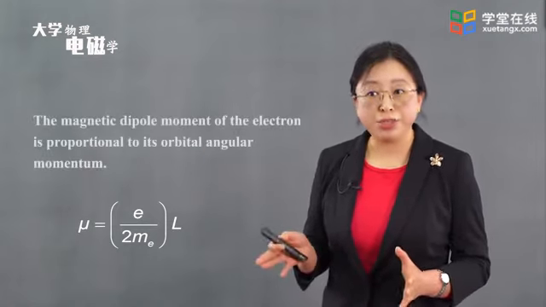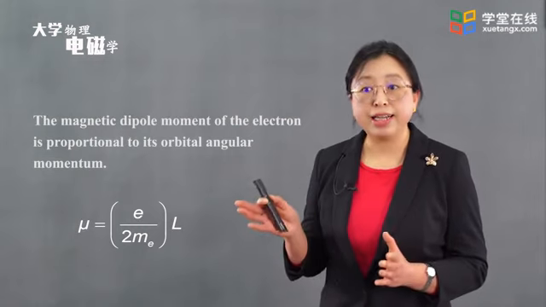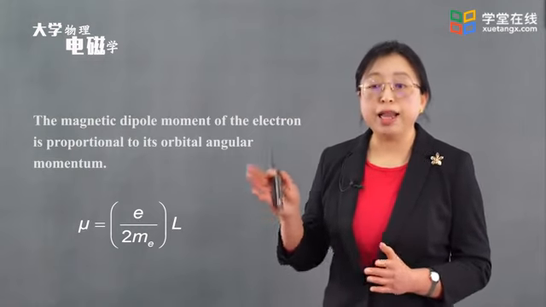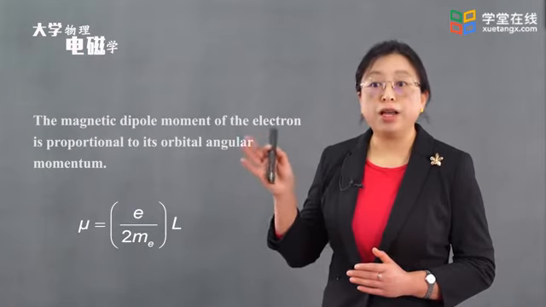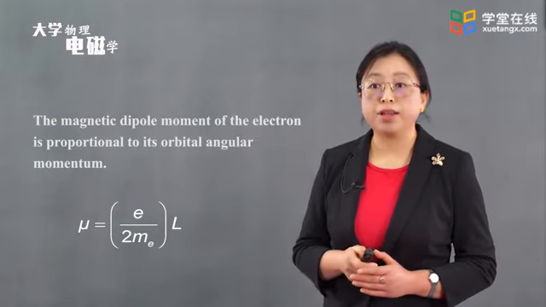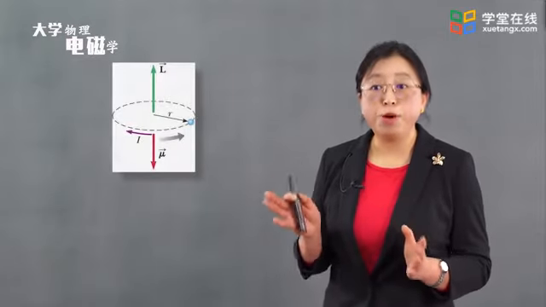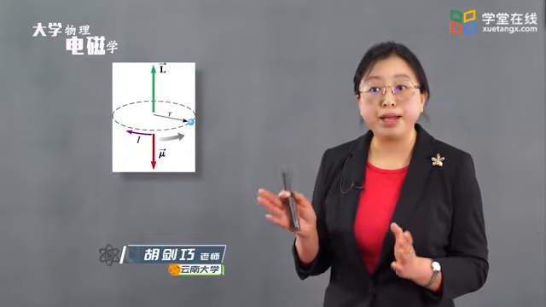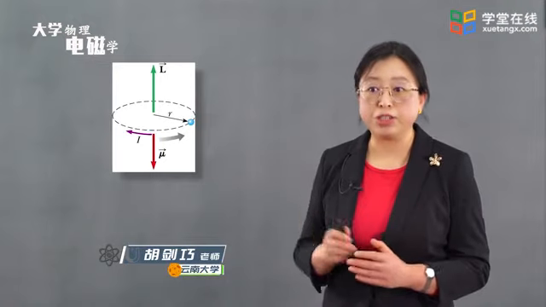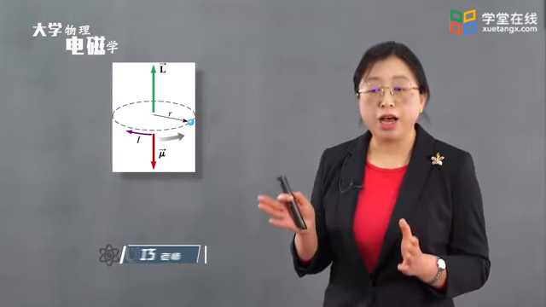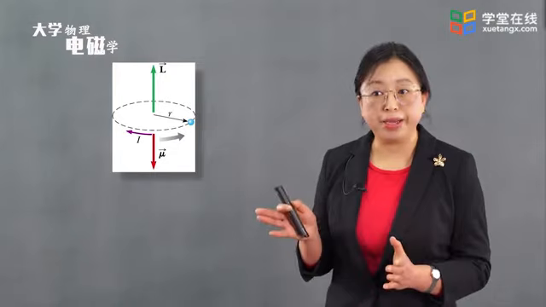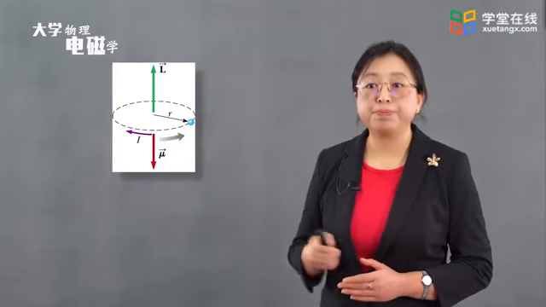This result demonstrates that the magnetic dipole moment of the electron is proportional to its orbital angular momentum. Because the electron is negatively charged, the dipole moment vector and angular momentum point in opposite directions. Both vectors are perpendicular to the plane of the orbit as shown in the figure.